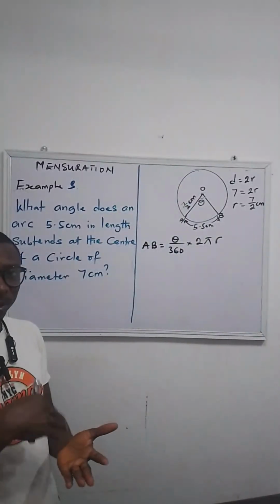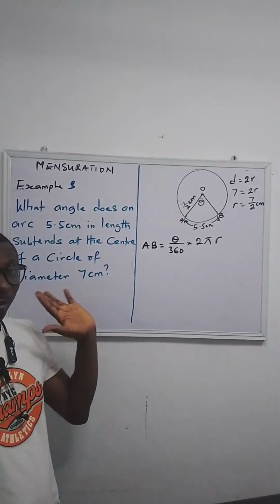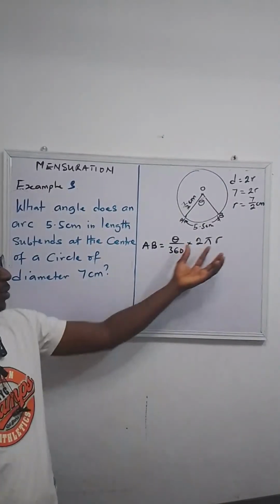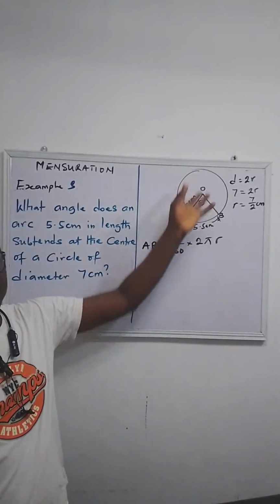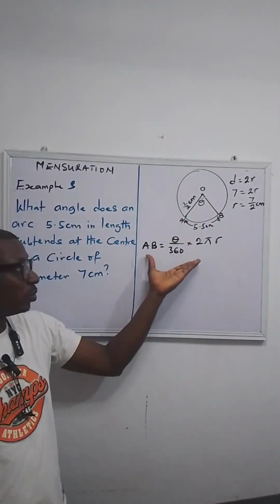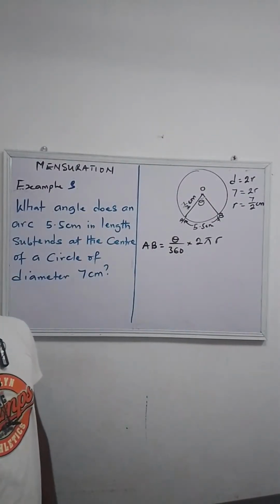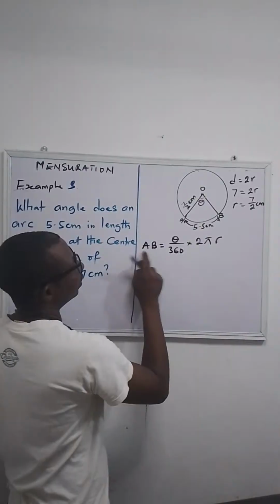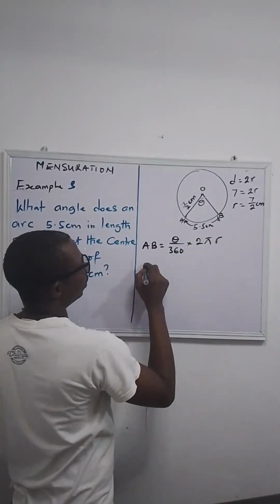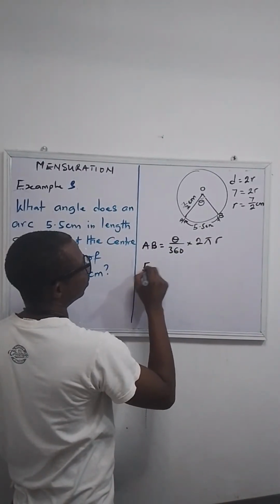So I want that thing to sink into your brain. So you don't need to cram any formula. Once I just remember the formula for calculating the perimeter of a circle, I must know the length of an arc easily.